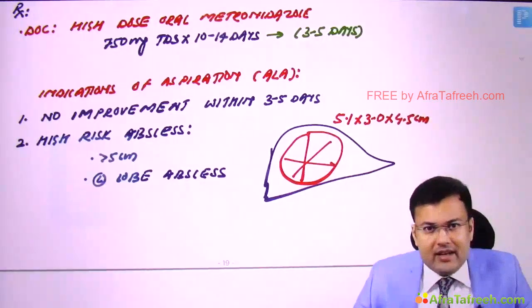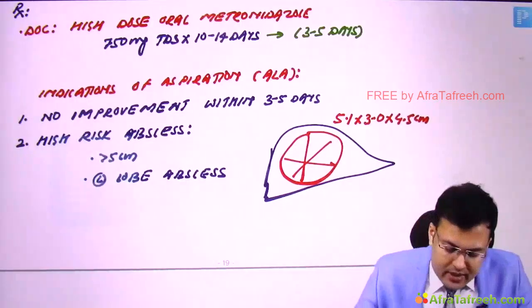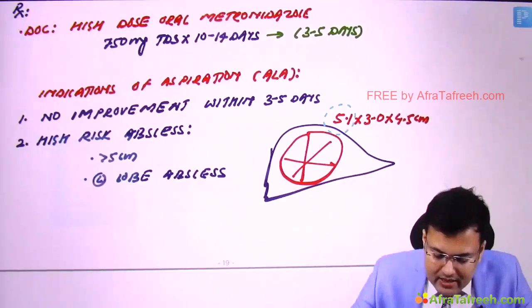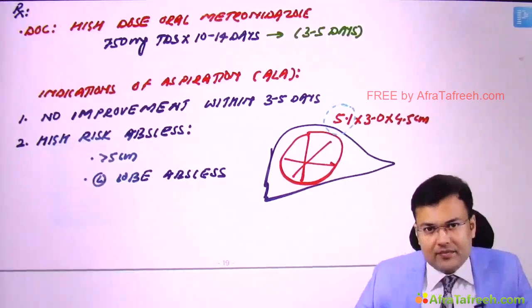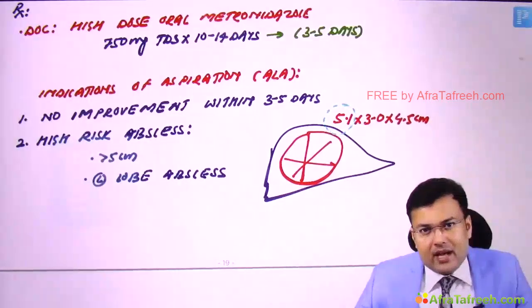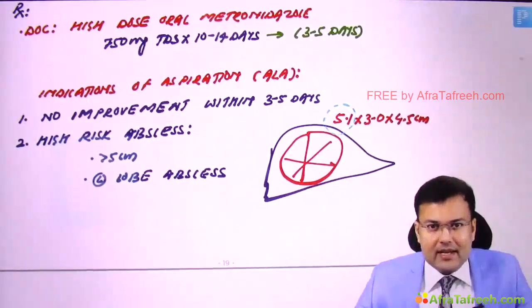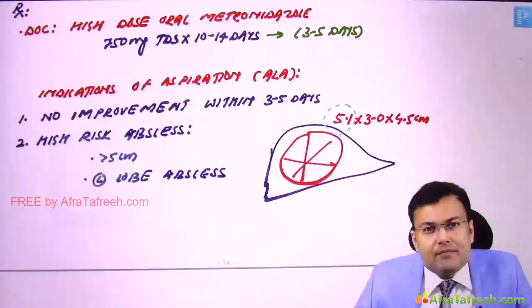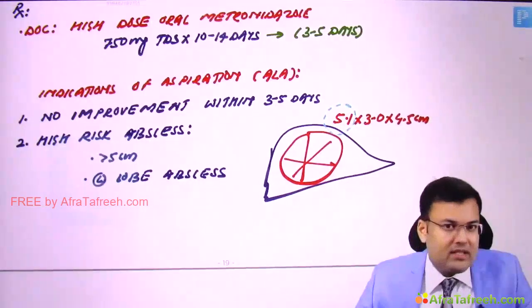So is this an indication for aspiration? Yes. If 3D dimensions are given, any dimension more than 5 centimeter. So any single dimension more than 5 centimeter is an indication for aspiration. So here the size is more than 5 centimeter, 5.1. So this is an indication.